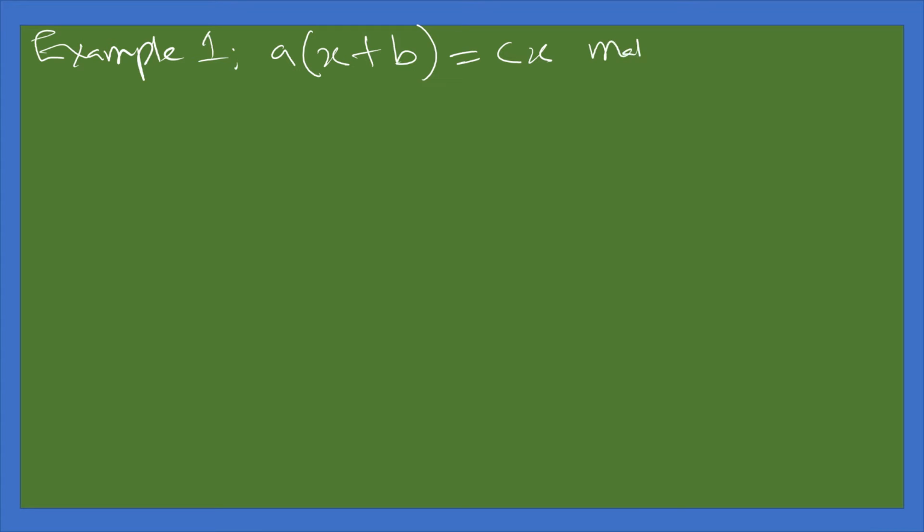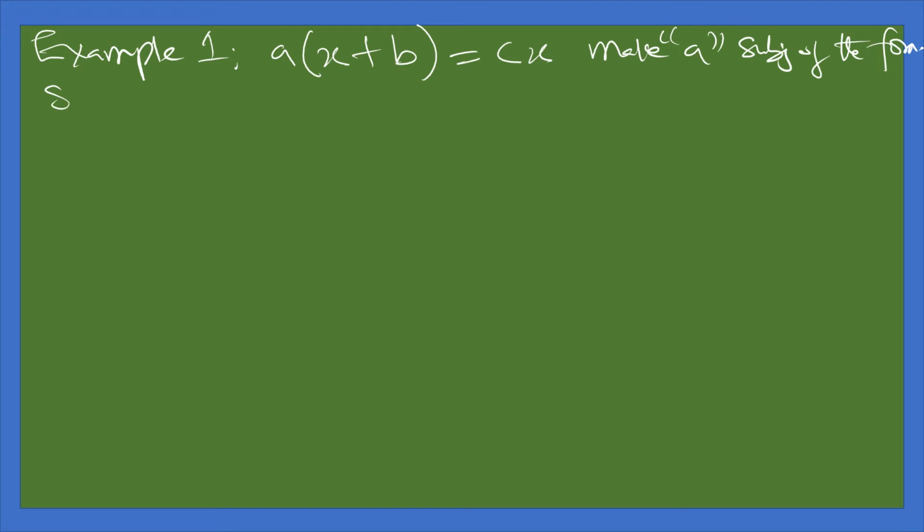Now let's take an example, example 1. You have an expression like this: a into x plus b, bracket close, equal to cx. Now the question is: make a the subject of the formula.